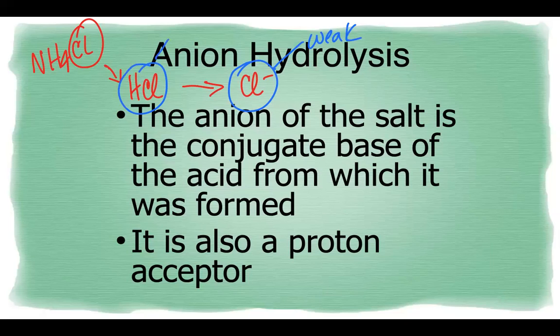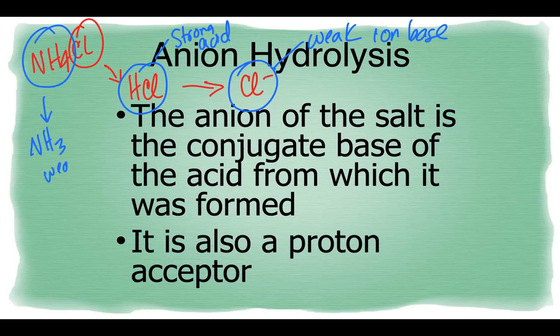So this is a strong acid, so this is a weak conjugate base. The ammonium, however, comes from ammonia, which is a weak base, which means ammonium is a strong conjugate acid.